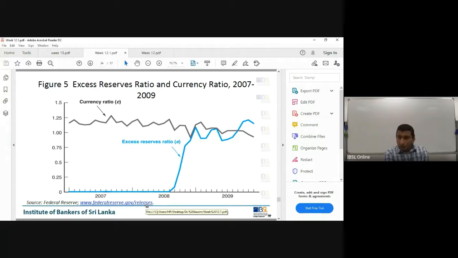Of course, the currency ratio, which you are now seeing here in the US during the global financial crisis, has reduced. But during the COVID period, it did not necessarily increase, especially across advanced OECD countries.